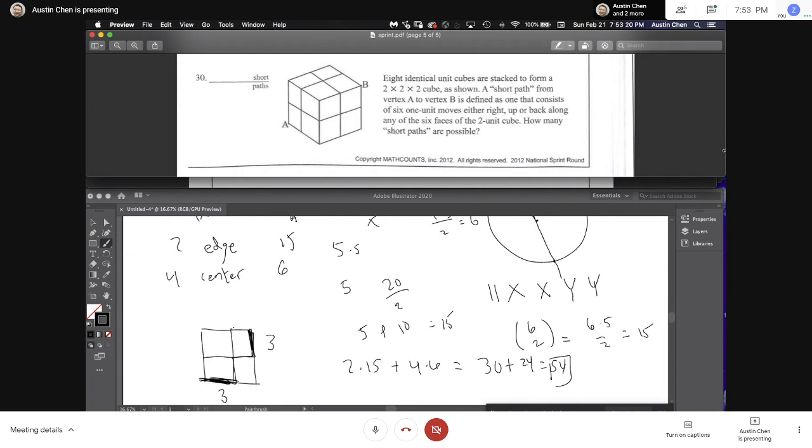Ooh, and then 5. I think it's possible, but it's a bit complicated, I think.